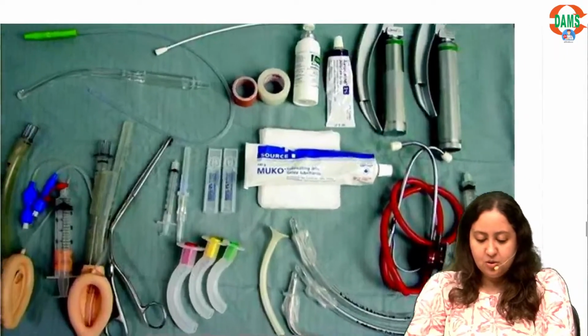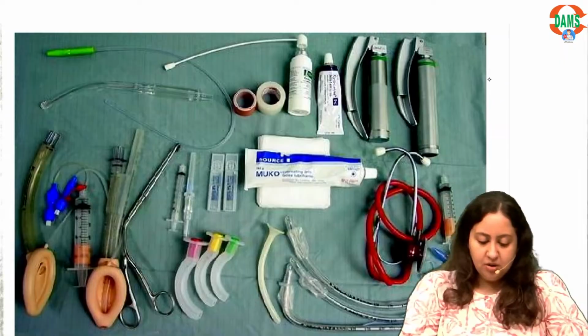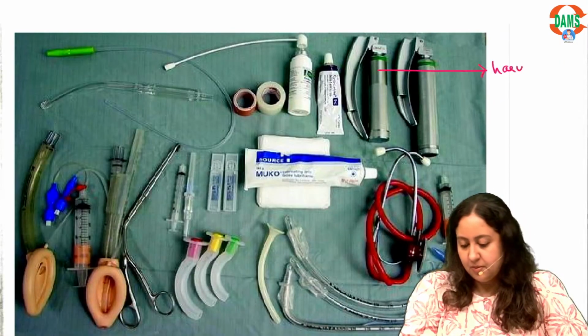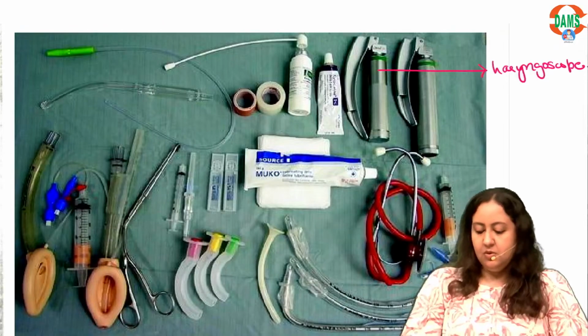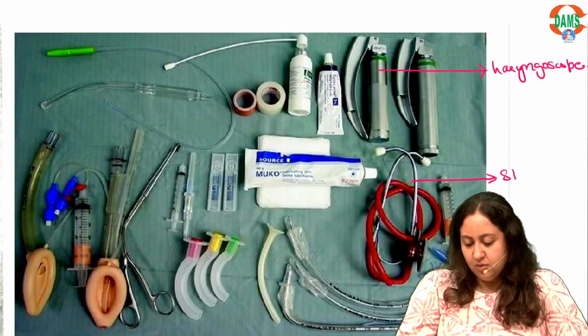Now I'm just going to zoom out. There are many things that can be covered in this image. So here, these two instruments are your laryngoscope. This is your stethoscope, we already know.